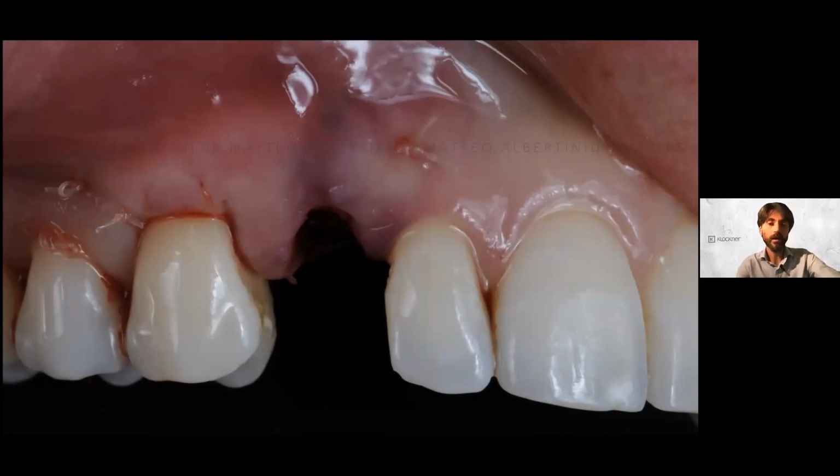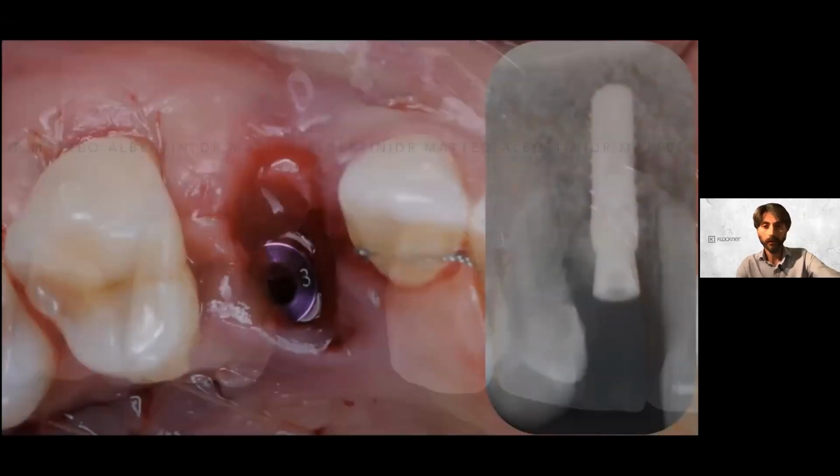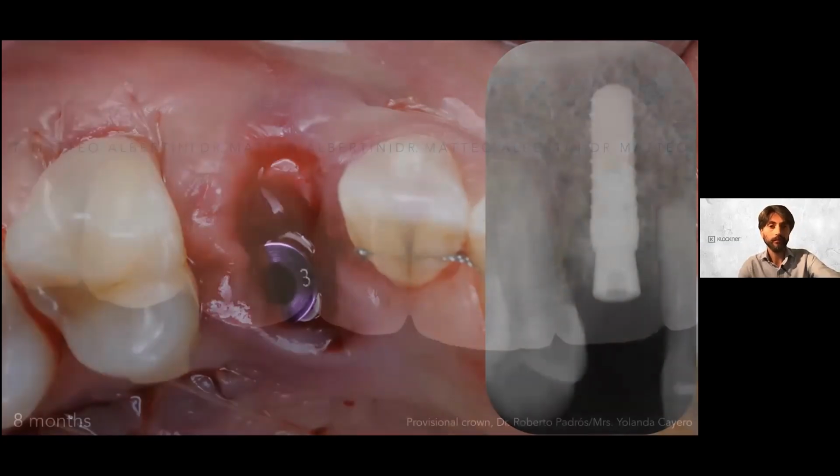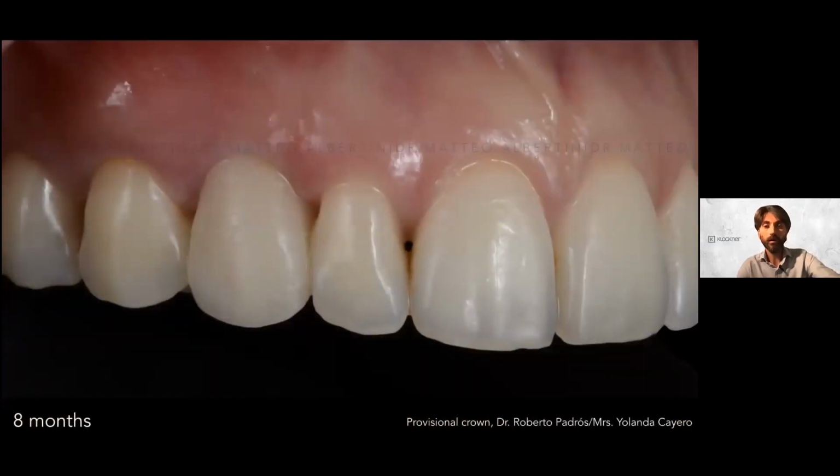Then we have to move coronally the tissues to cover the recession at 1.4. And this is the position of the implant and the radiographic image of the implant. So this is the situation after placing the provisional restoration after eight months from the implant placement.